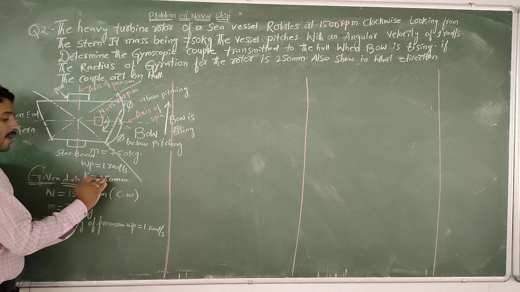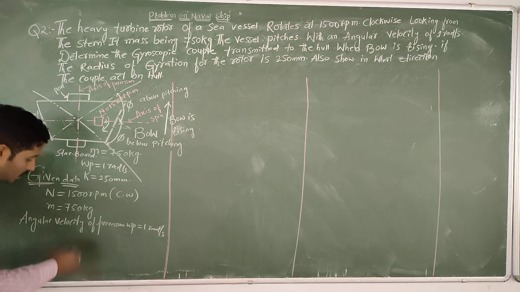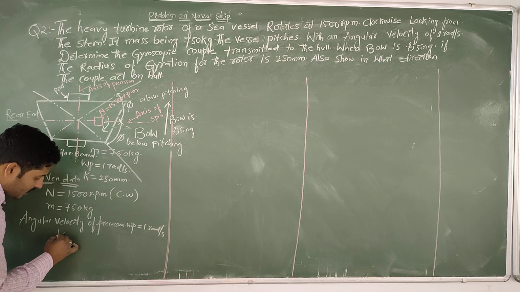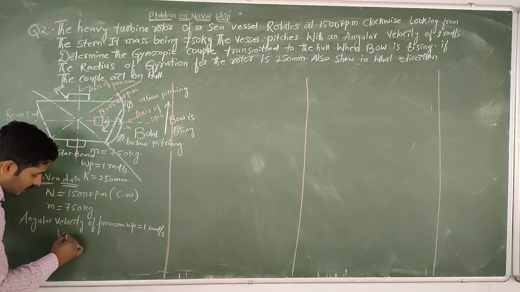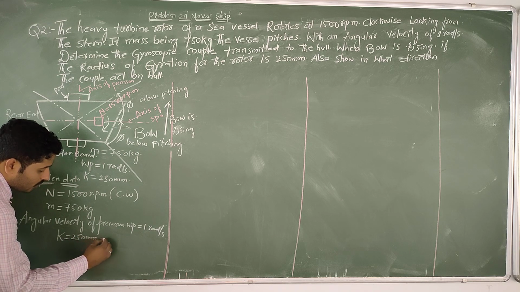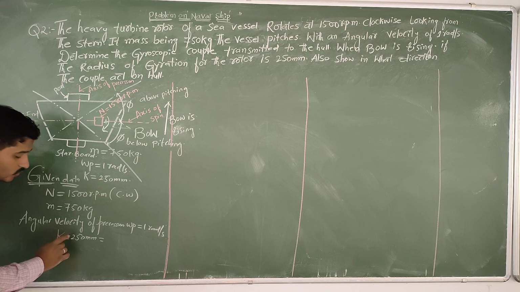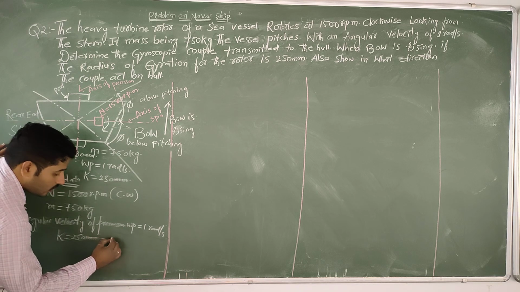And the radius of gyration is given as 250 mm, represented by K equal to 250 mm. So this means 250 into 10 power minus 3 meter. If you multiply this term, you will get the value 0.25.